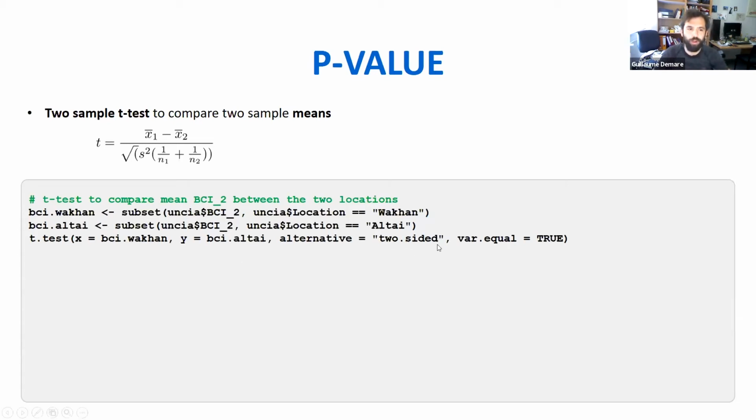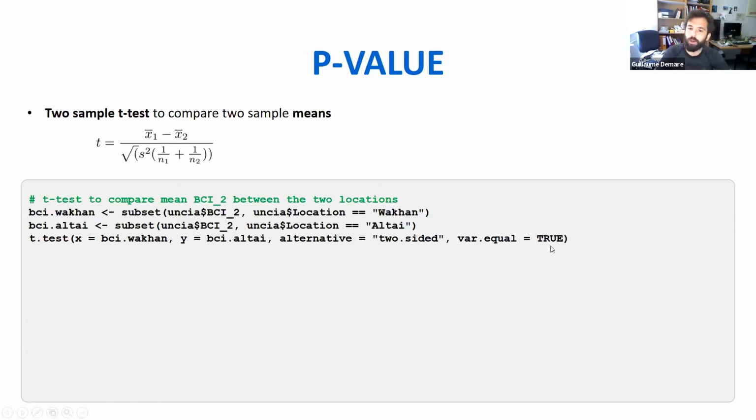Two-sided means that we don't expect one sample to be bigger or smaller than the other. We don't know in which direction it will go, which is why we want to do a two-sided test, a two-tailed test it's called. If we thought Wakan was going to be bigger and we wanted to test specifically that question, whether Wakan has higher BCI on average than Altai, then we could put one-sided.